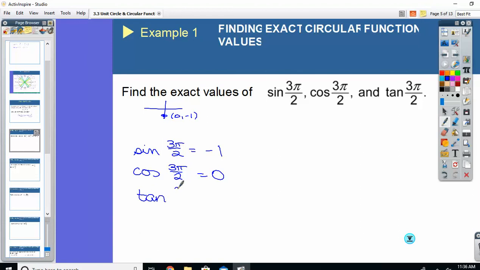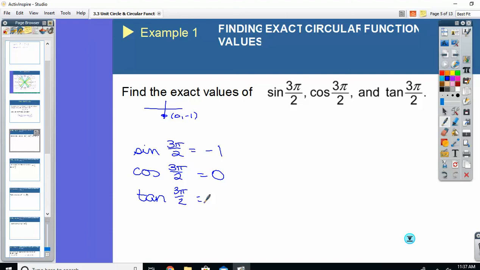Okay, so if I've given you ordered pairs that tell you sine and cosine, how are you going to get tangent from that? Okay, y over x. Haven't we also said before that tangent is sine over cosine? Which, ironically, my y is my sine and my x is the cosine.